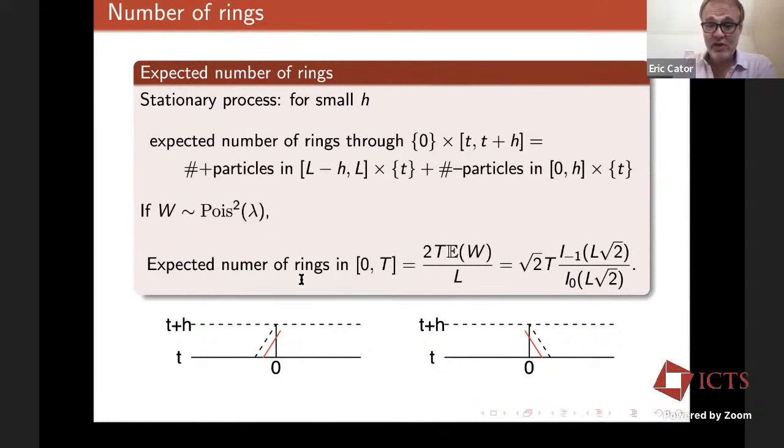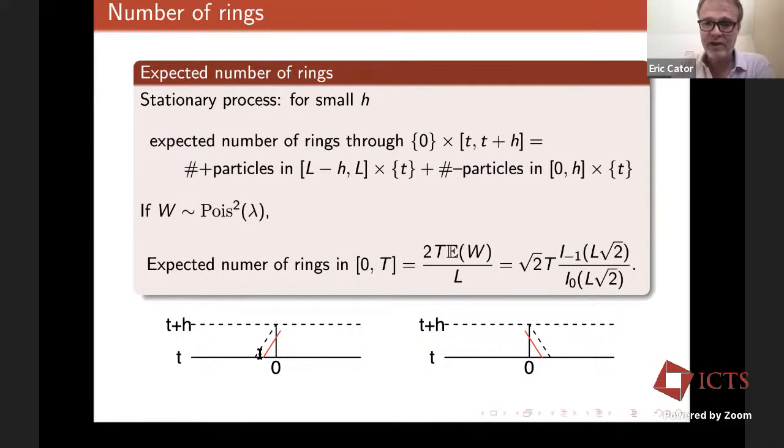Okay, but I know what the distribution is at time t because I'm in the stationary version, right? So what is the expected number of rings, of positive particles, in this little interval? It has length h.